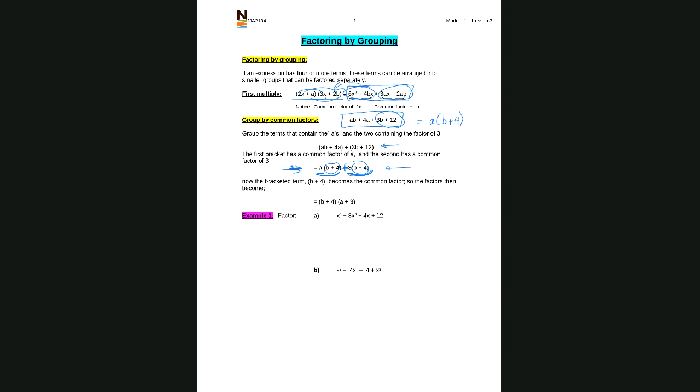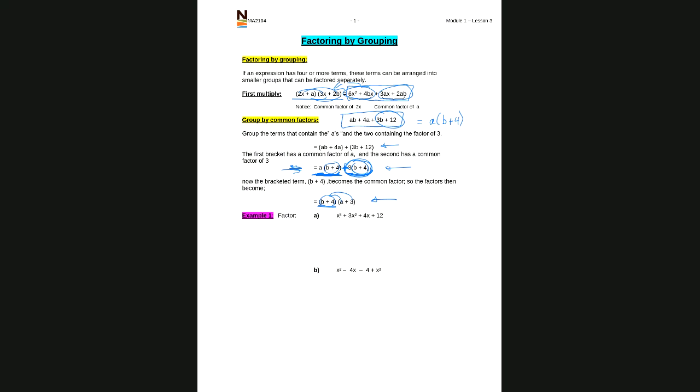So if you take out the common factor of the bracket, you're left with bracket times a, which is this term here, and the bracket times 3, which is the second term here. And now you have 2 brackets multiplied together. So this is completely factored.